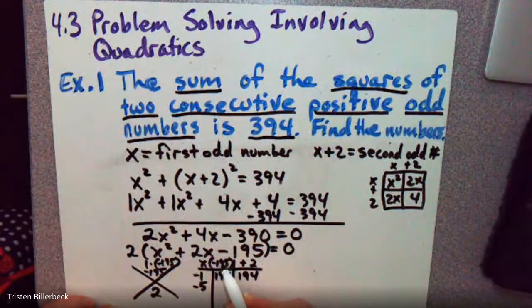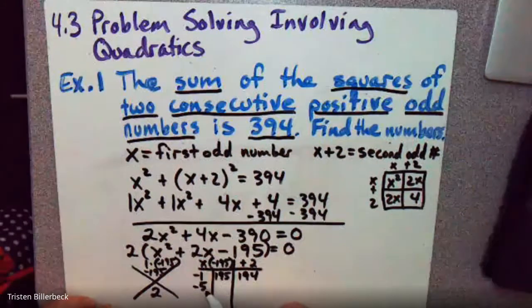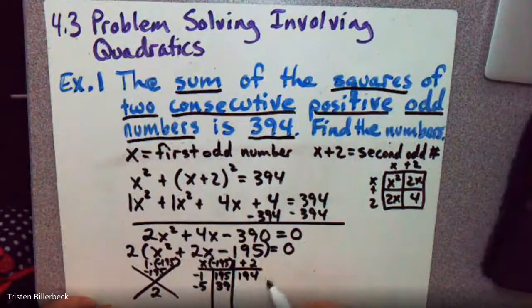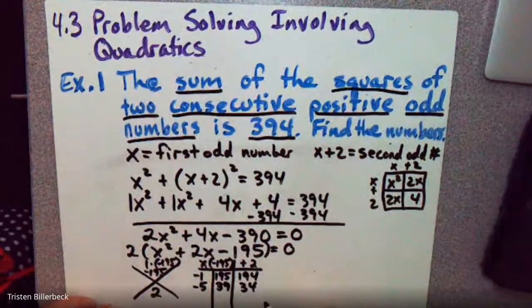So when we divide 195 by negative 5, we see we have 39. Okay, so when we add that together, we have 34. We're getting closer. Okay, so let's try.